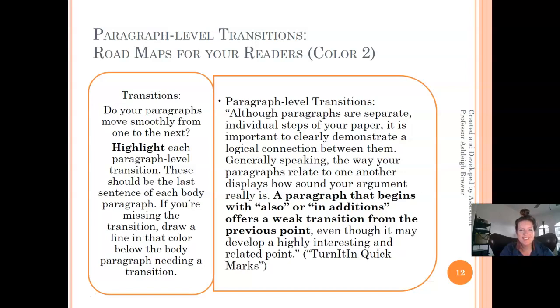Topic sentence. Okay, paragraph level transitions. So you are going to transition from one paragraph to the next between your body paragraph 1 and body paragraph 2 and body paragraph 3, right? Nothing after body paragraph 3. But highlight those transition sentences in a separate color. So if you use yellow, now you use blue or something like that.